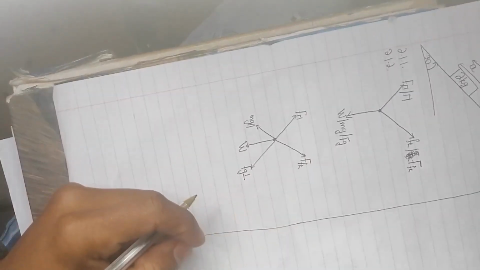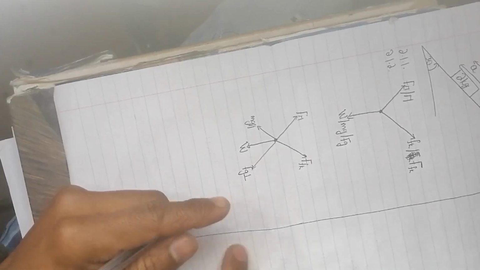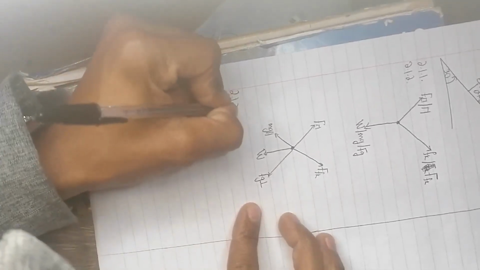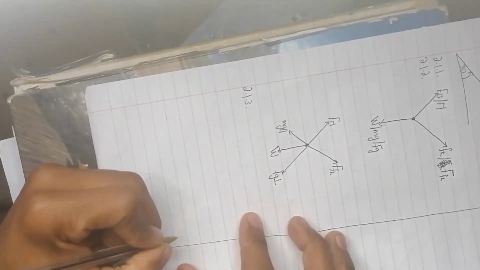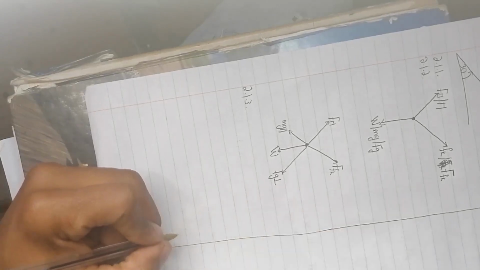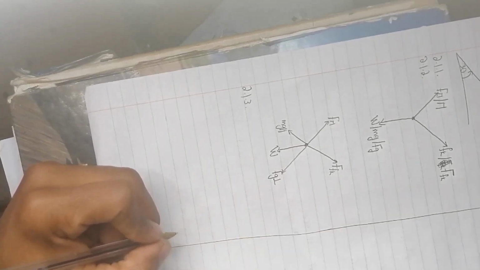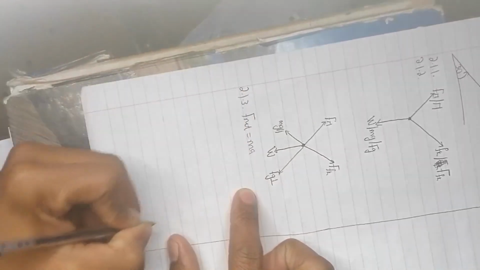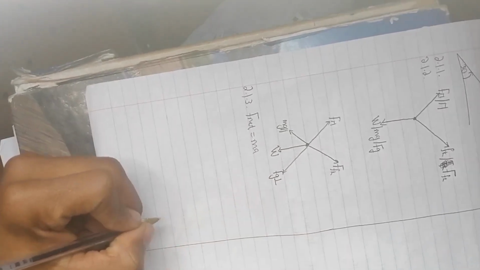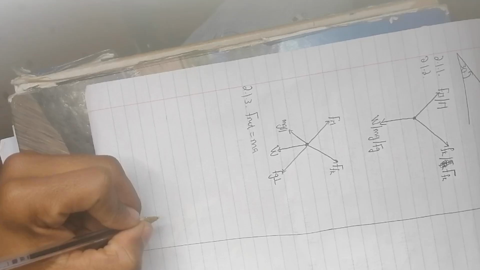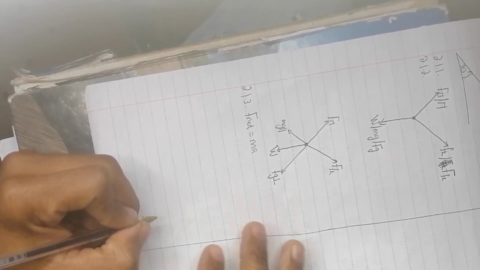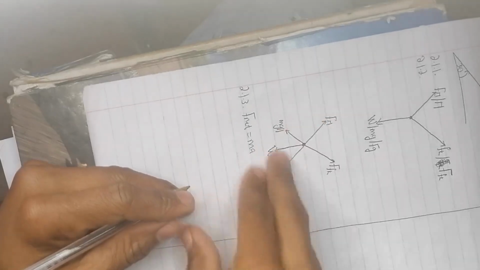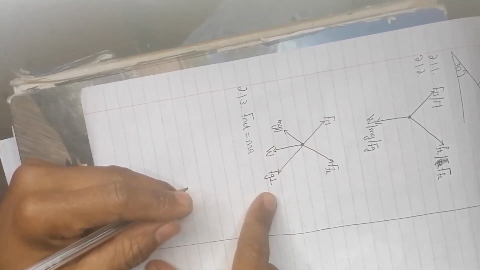Okay, that's fine. And then what does the second question require? Calculate the acceleration. So in 2.1.3, calculate the acceleration of the block. Now the acceleration of the block, Newton's second law: the net resultant force equals the product of mass and acceleration. So we are just concentrating on the forces that are doing work, which will be much clearer in this one.